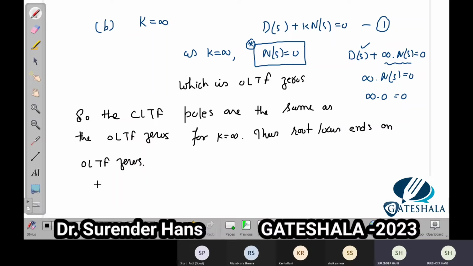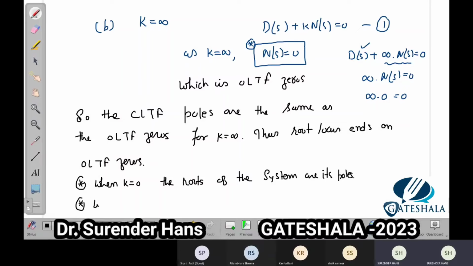So the important point is, when k is equal to 0, the roots of the system are its poles. Correct?